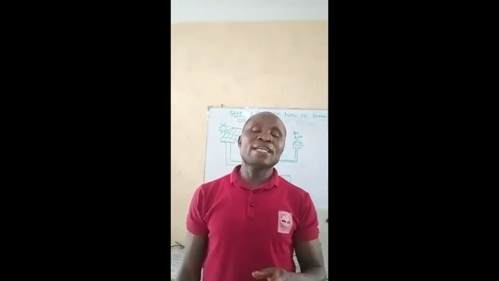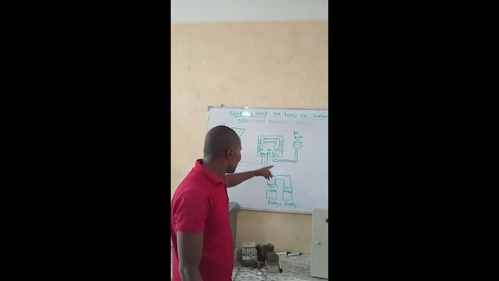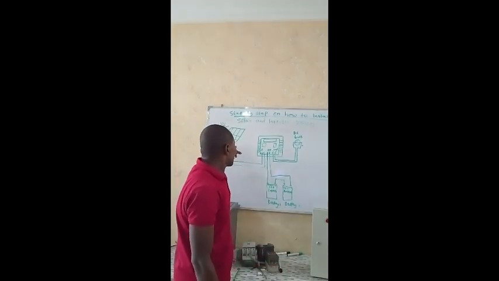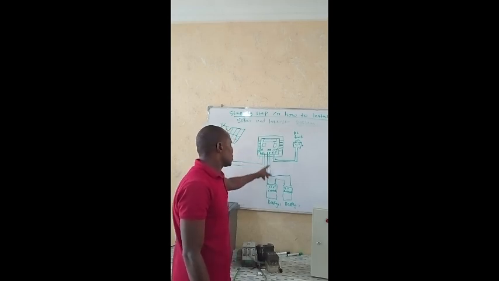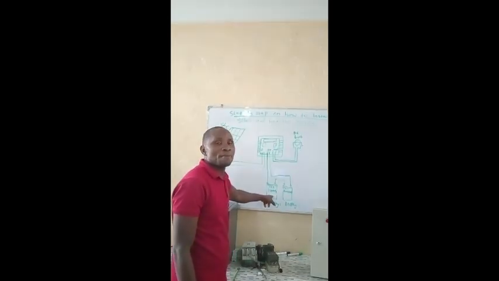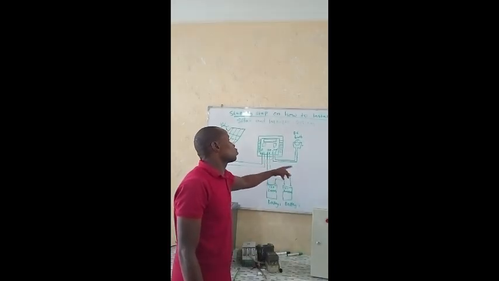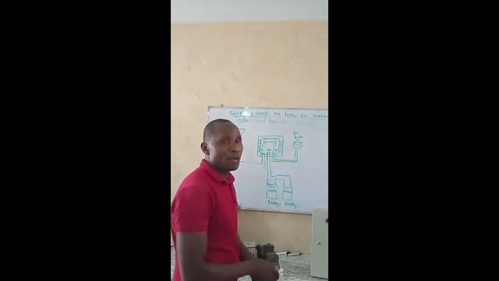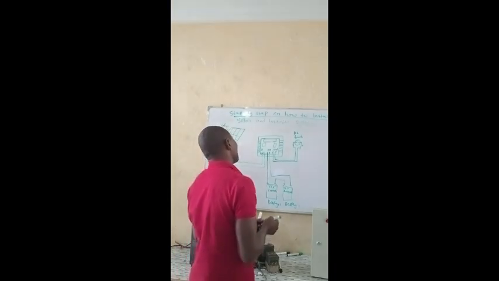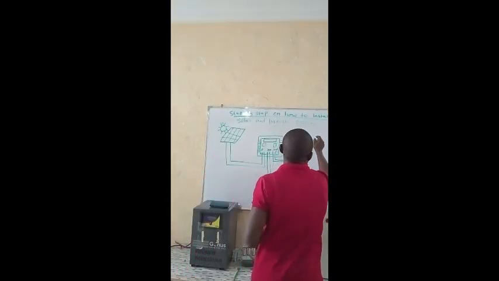And for that reason, you need to convert the DC current produced from the panel, stored in the battery. You need to convert it to AC before you are able to power AC appliance. That is AC bulb.